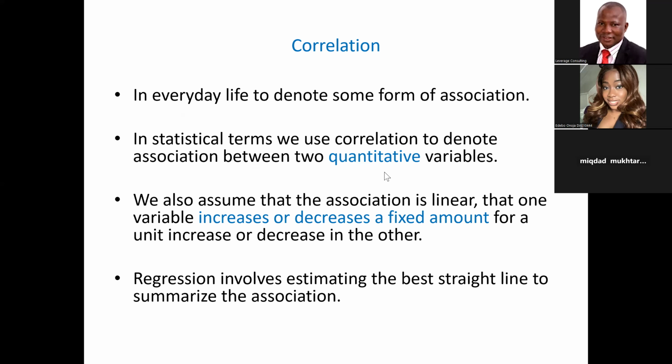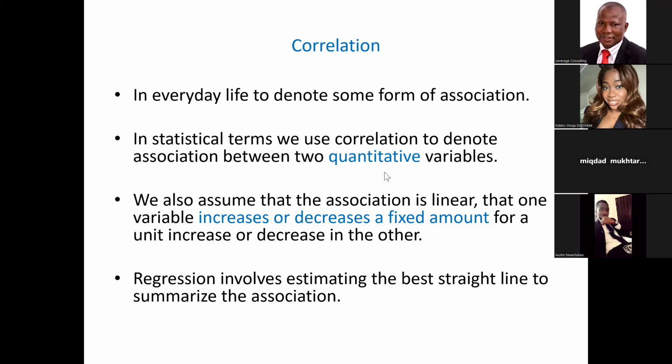When you say linear, take the age and weight of a child. Both of them are quantitative, so you can quantify age, and you can quantify the weight of the child. As the child's age increases by 1 month or 2 months, what happens to the weight?